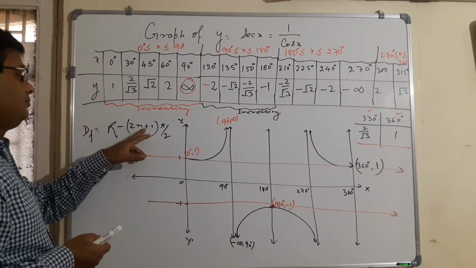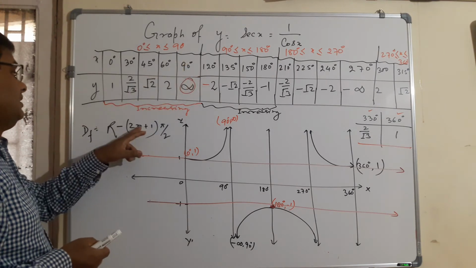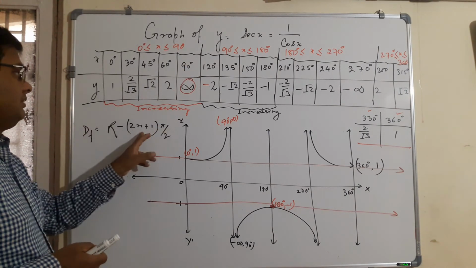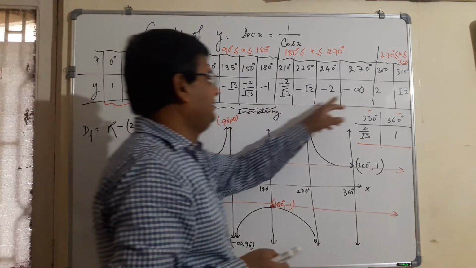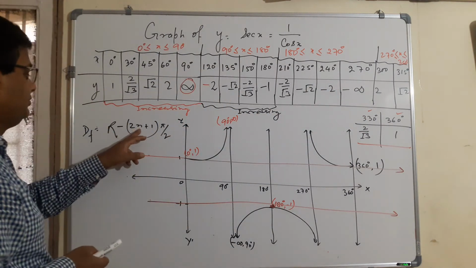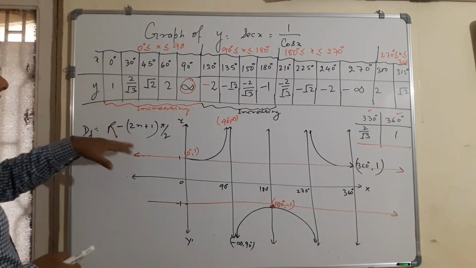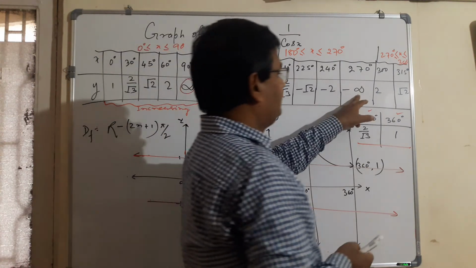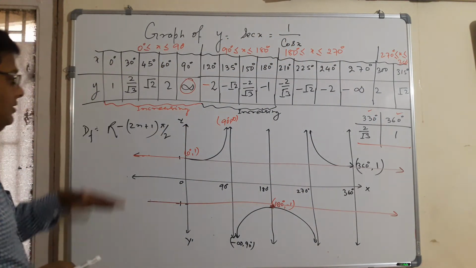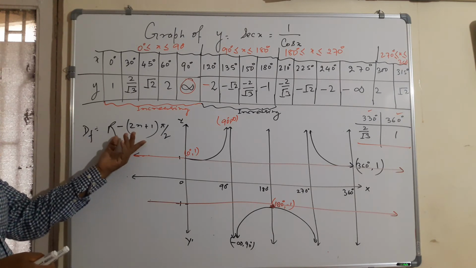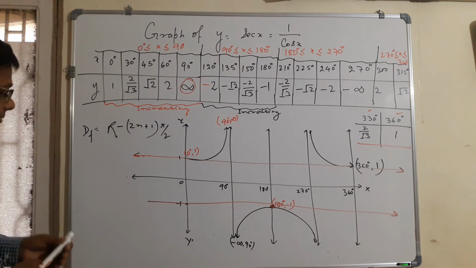We have not taken 2n minus 1 because we are starting from 90 degree. n is equal to 0, you will get pi by 2. n is equal to 1, you will get 3 pi by 2. n is equal to 2, you will get 5 pi by 2. At these points the function f(x) is equal to sec x is not defined. So the domain is the set of all real numbers except (2n plus 1) pi by 2.